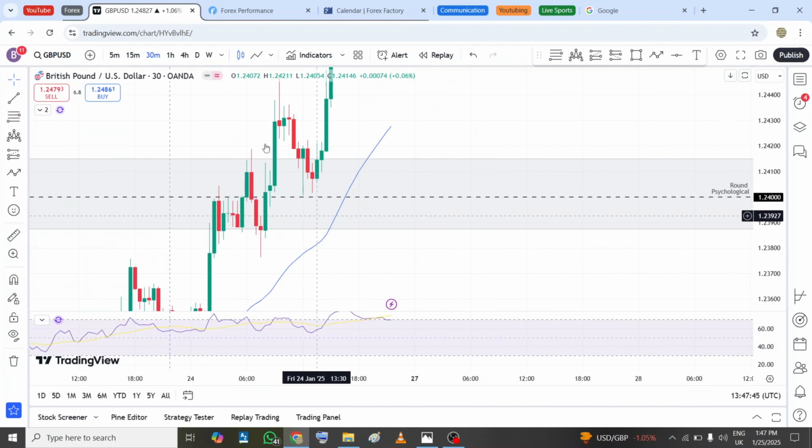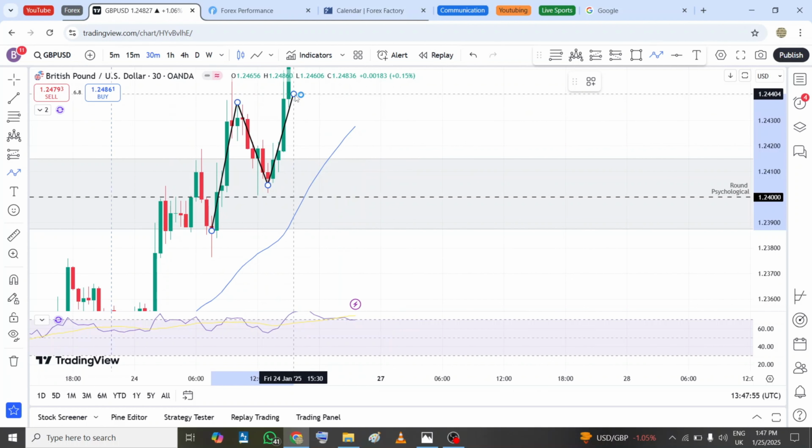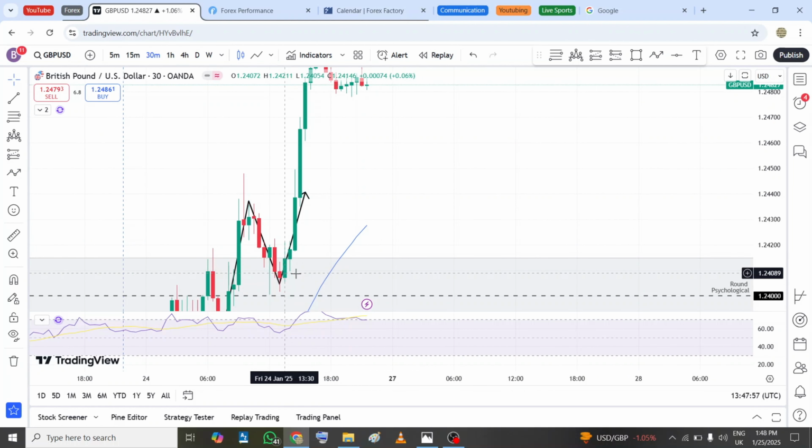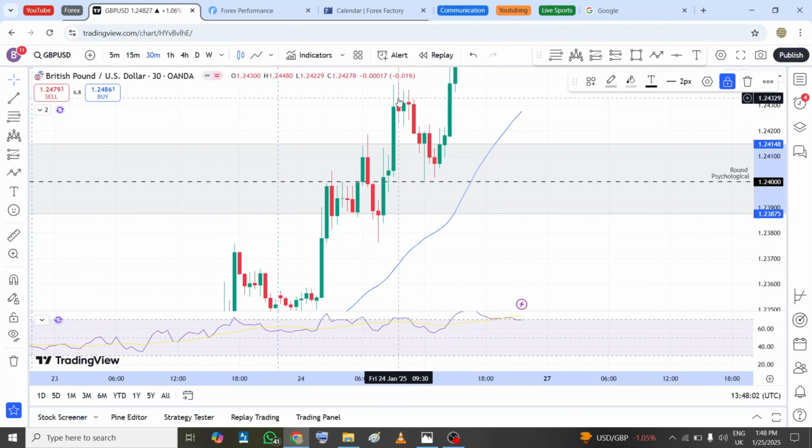And as you can see on the 30 minutes, price broke this structure and broke through my key level, came to retest and then has headed to the upside. All right. So this is what we are expecting to see. This indicates that price is ready to move. So when price goes up and it retraces, this is called an engulfing candle where the green candle eats up the last red candle.